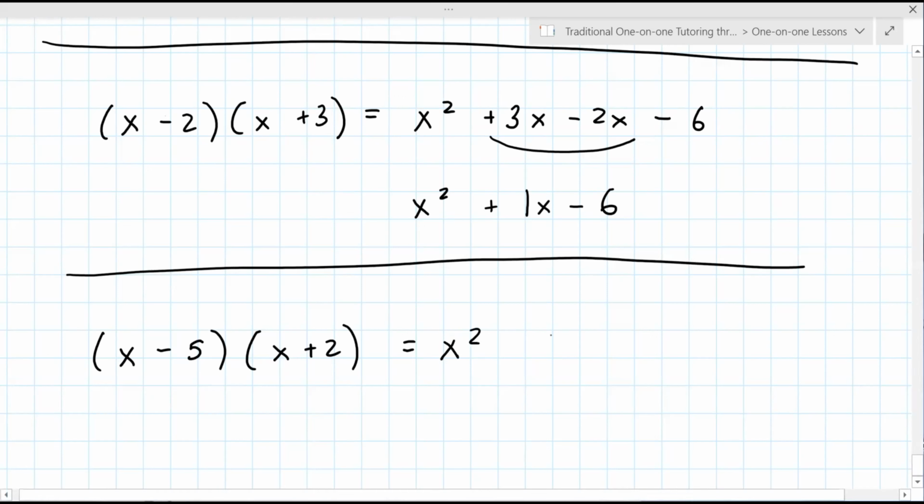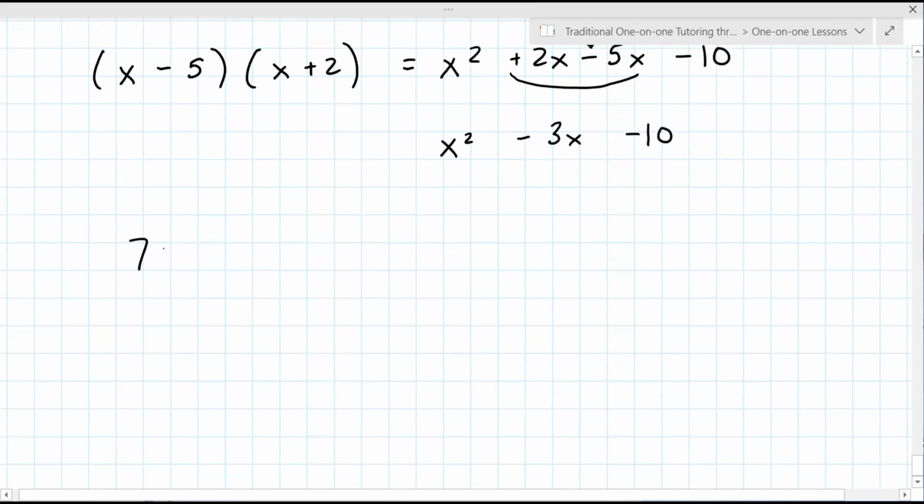So it should look like this: x squared plus 2x minus 5x minus 10. Is that what you wrote? Yeah, that's what I got. Now this time it's 2x minus 5x, which gives you 3x. Is it positive or negative? Positive. But this one's more negative. Oh, right. So it's negative. Negative 3x, yeah.